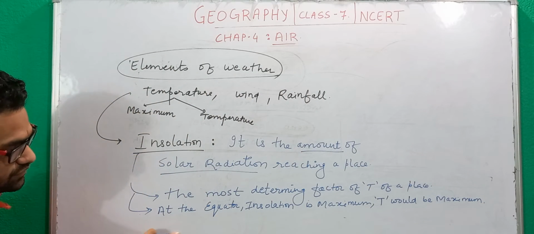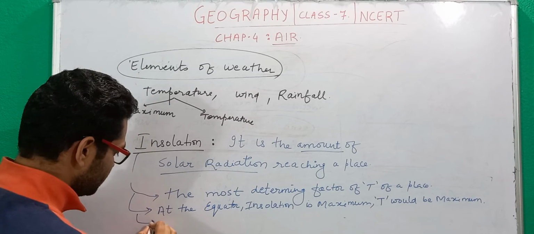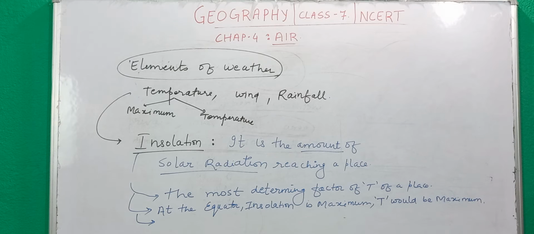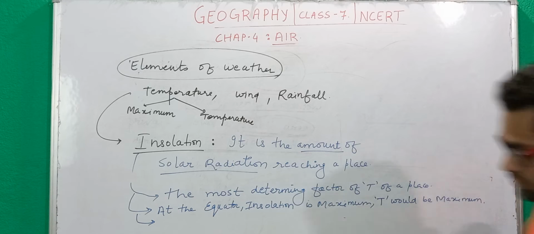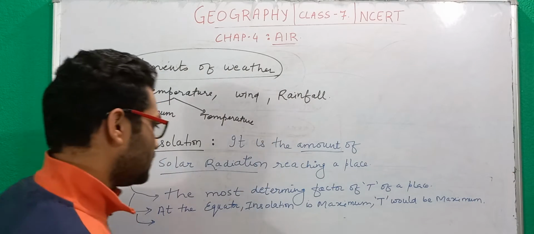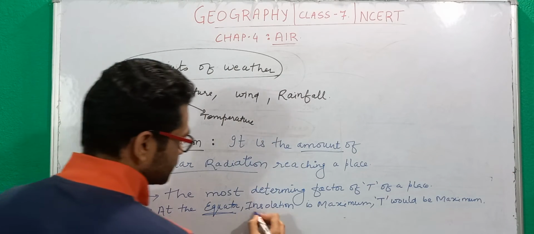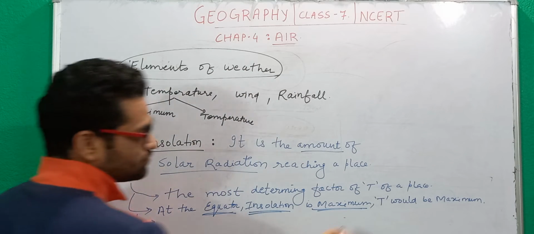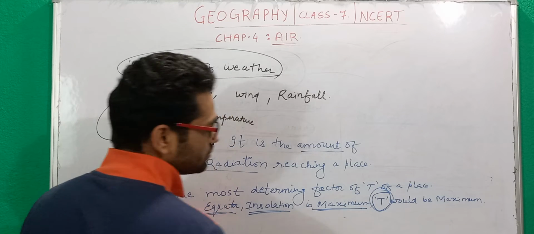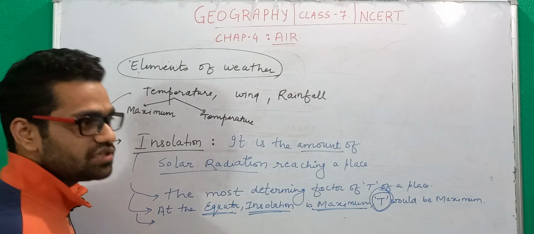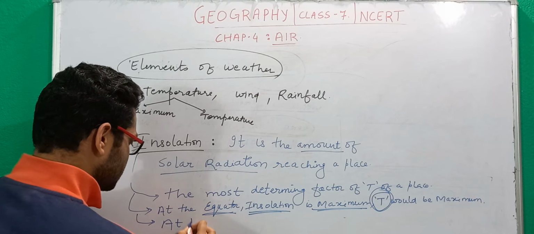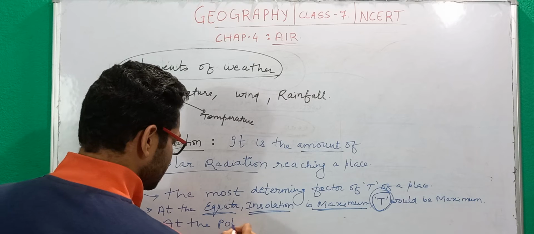Let's look at the board. So at the equator you have the maximum amount of insolation taking place. That is why at the equator you will find that the temperature is maximum in comparison to every other place on the earth. But at the poles, so this is a stark difference.